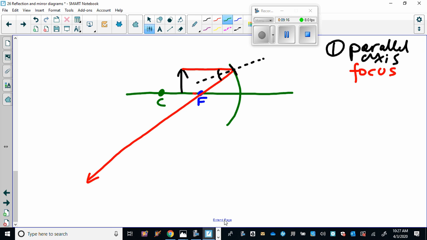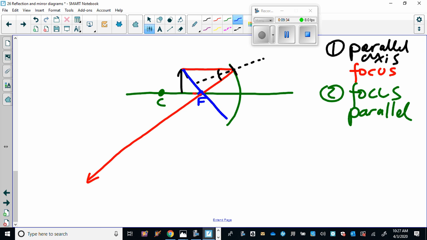Rule number two is the opposite. Rule number two says if you have a light ray that goes through the focus, it will reflect parallel to the axis. So let's do that one in blue. If I have a ray that goes through the focus, it will reflect parallel to the axis.